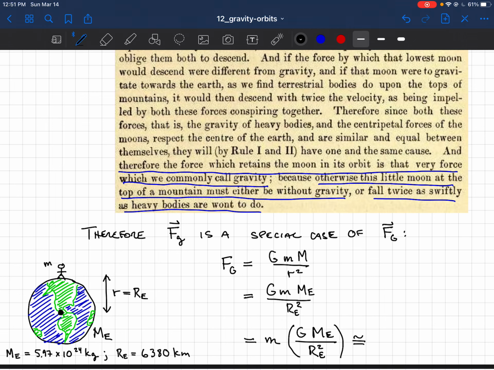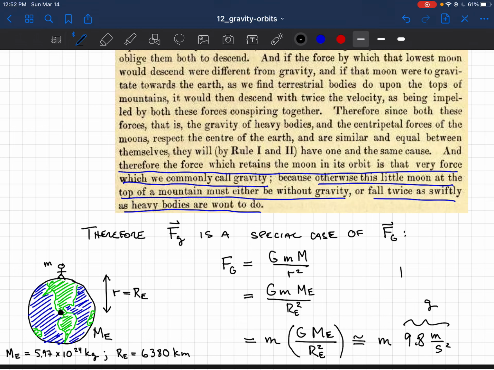We want to put everything in SI units, and squared. And what I found in my calculator is I have little m times a number which is 9.8 meters per second squared. What is that? Well, that's what we call little g.